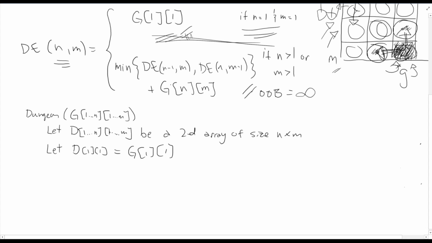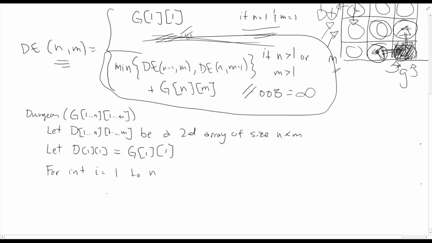Then the remainder is the iterative bit, and it's where we're going to rely on the recursive part of our definition. So since it's the iterative bit, we now need a loop. I'm actually going to go here, and I'm going to comment here. I'm going to go from I equals 1 to N, and J is 1 to M. Now, in both cases, I'm going from 1 to N, even though we've done 1 before.